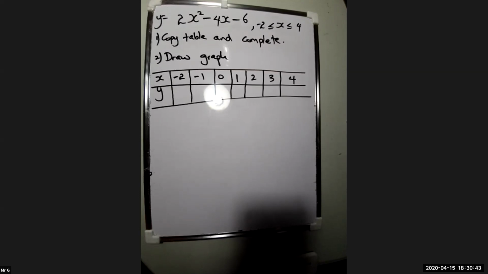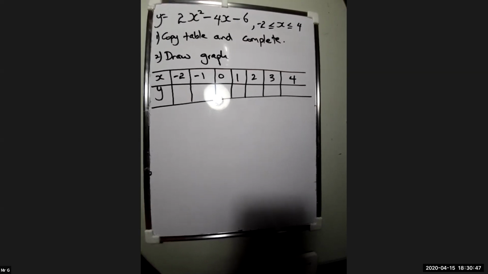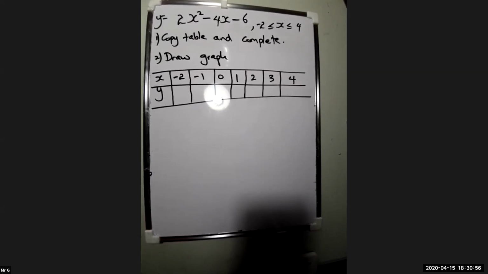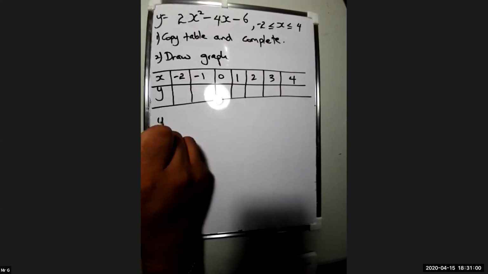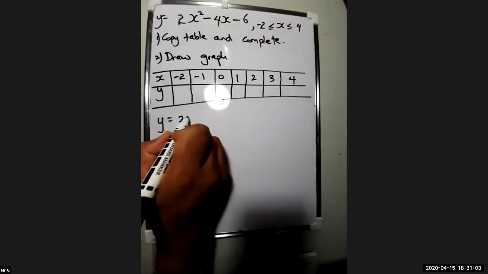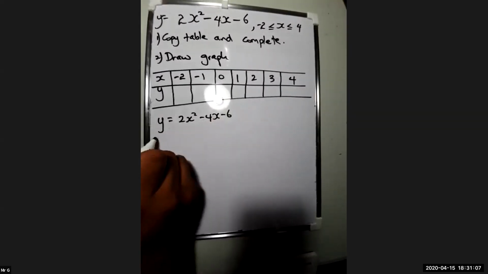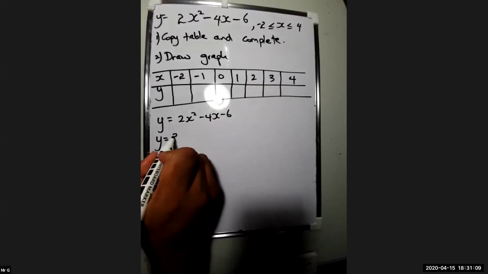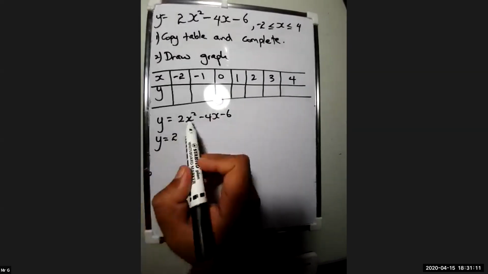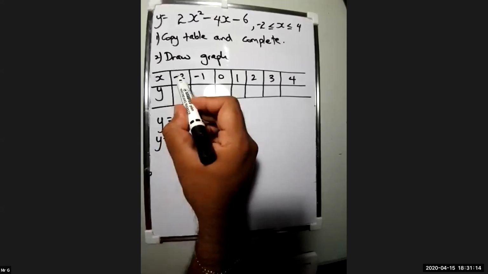Okay, Hema, I'm looking at your work here. You are removing the 2 that is in front of the x squared. Let me show you what I mean, like in the first example. y is equal to 2x squared minus 4x minus 6. You don't remove the 2. You're just replacing the x with whatever x value you are given.